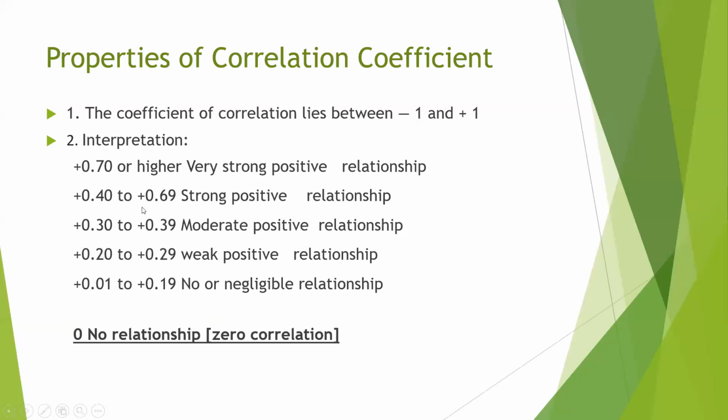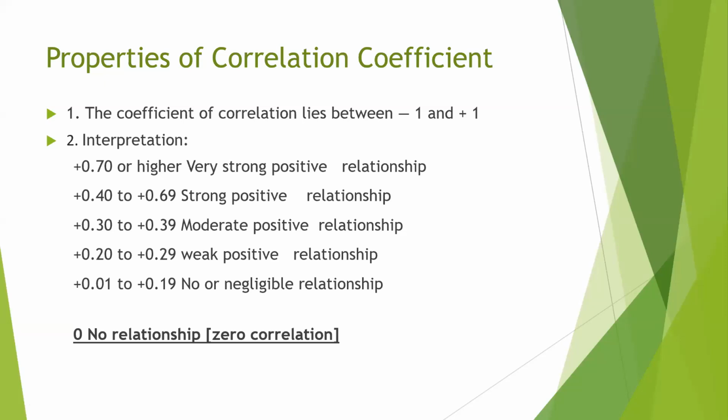If the correlation is 0.7 or more, that is 70% or more, we say the two variables have a very strong positive relationship, variables x and y.